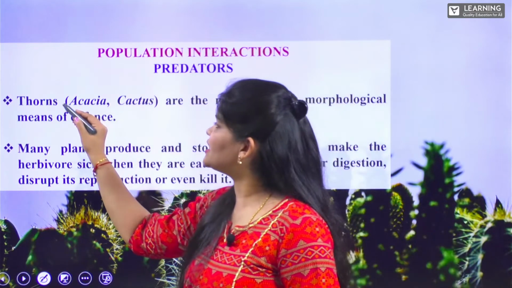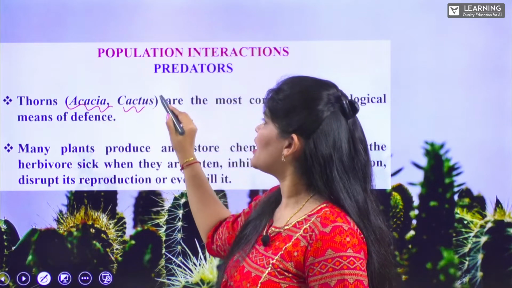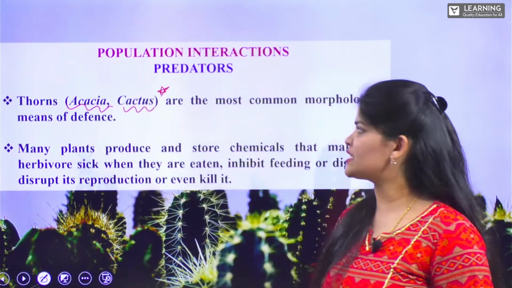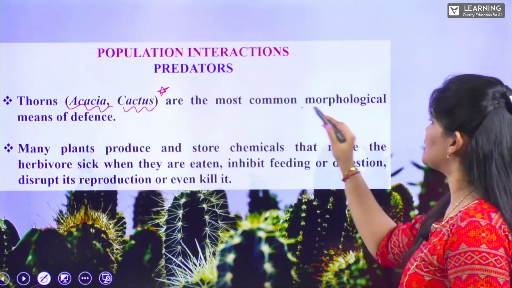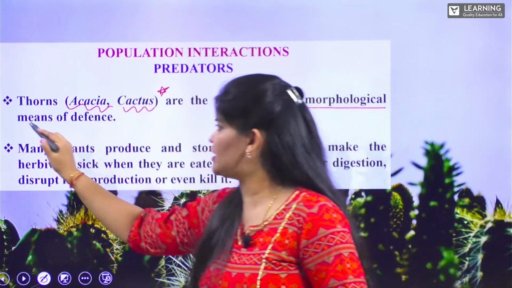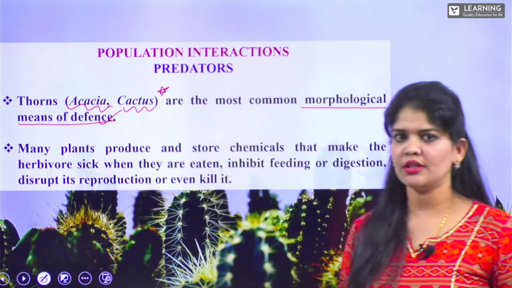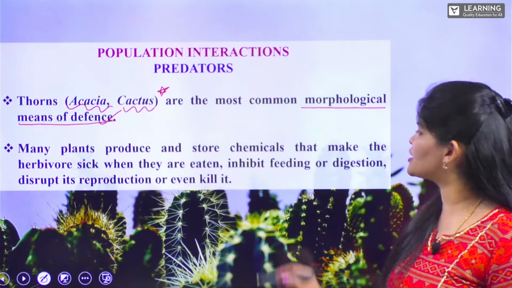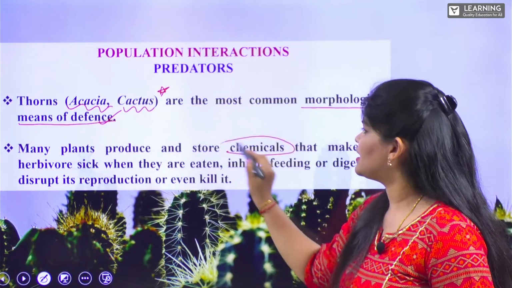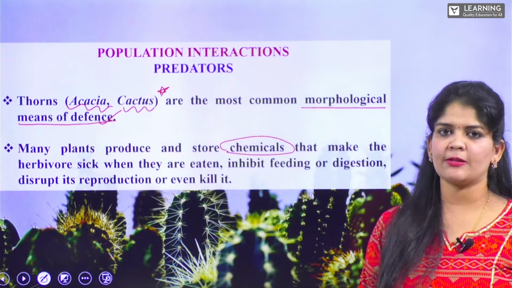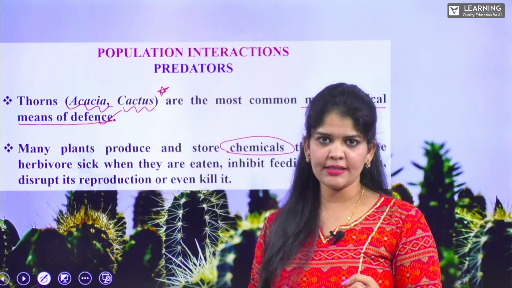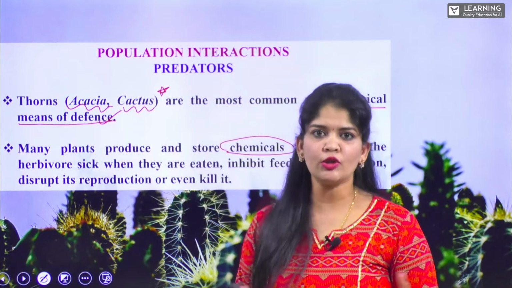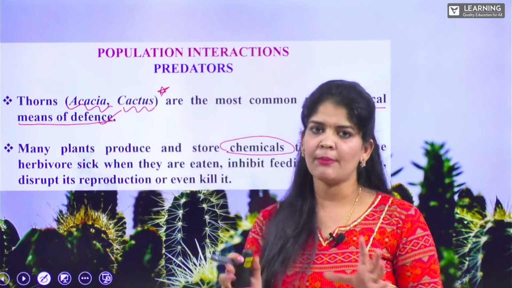Thorns can be seen in the case of acacia, as given in the examples, and cactus are the most important common morphological means of defense. Now, many plants produce and store chemicals, and this chemical will enter into herbivores if they feed on that particular plant variety.